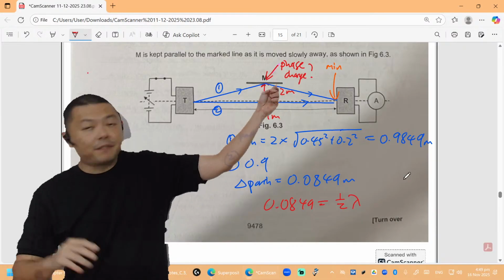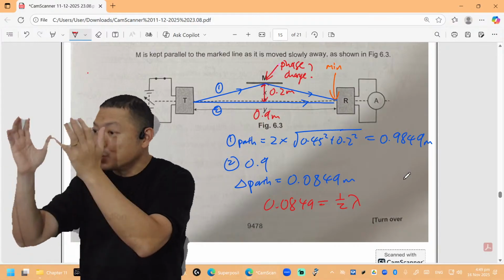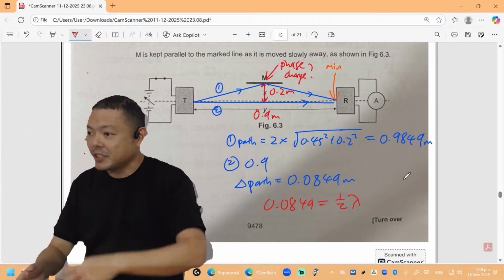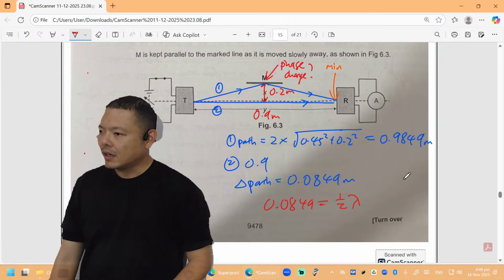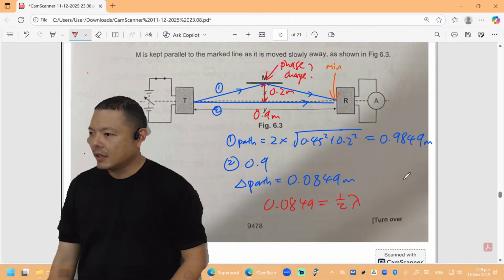No, it's already flipped. If there's phase change, that's why I ask you the first thing is this, do you want phase change? You want phase change, so is it flipped? It's flipped, right?